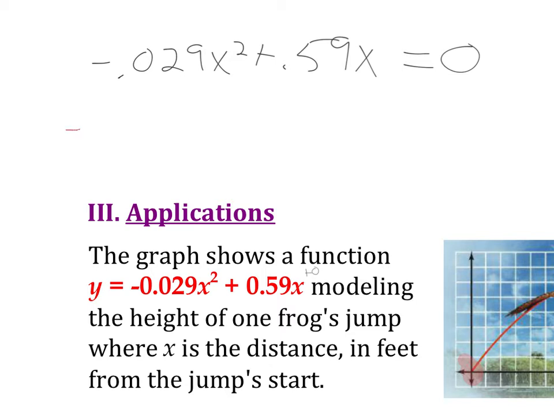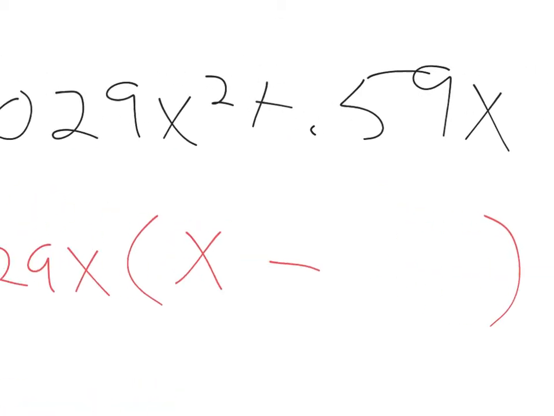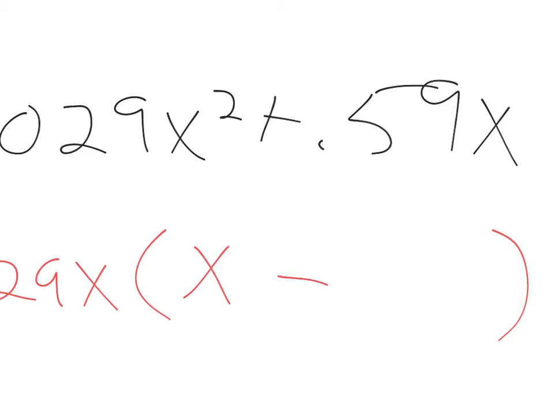So I'm going to pull out a negative 0.029x. Now when I do that, this first term will just become a 1x. The second term is going to be, well, whatever 0.59 divided by negative 0.029, whatever the heck that is.